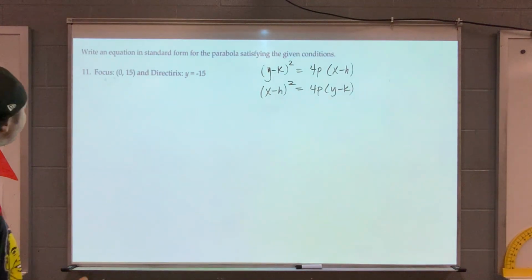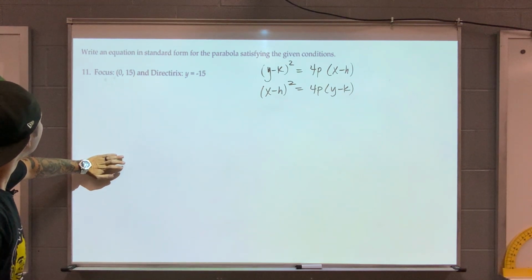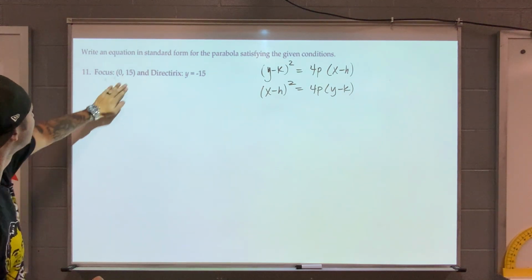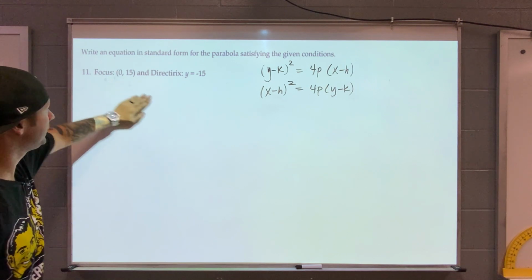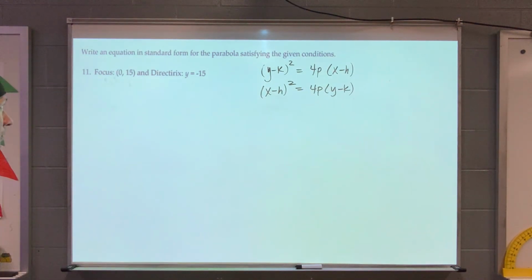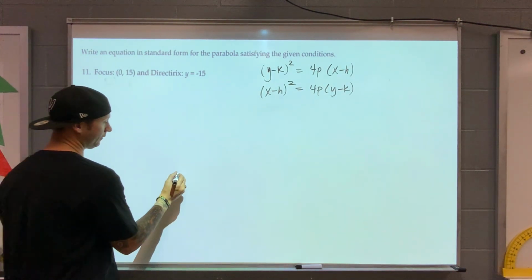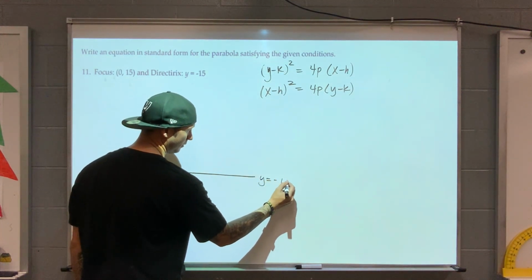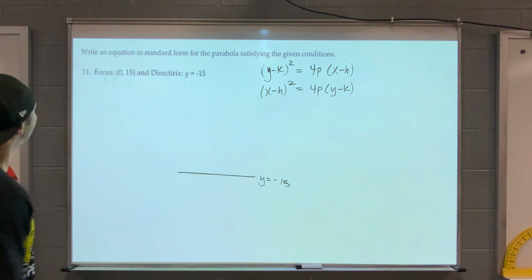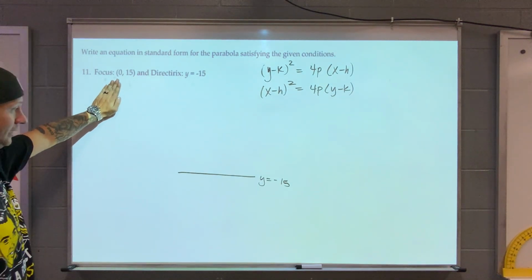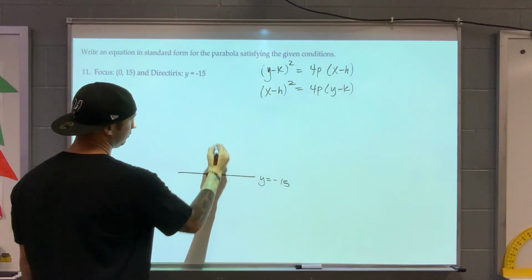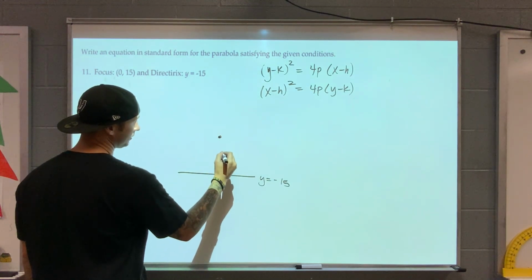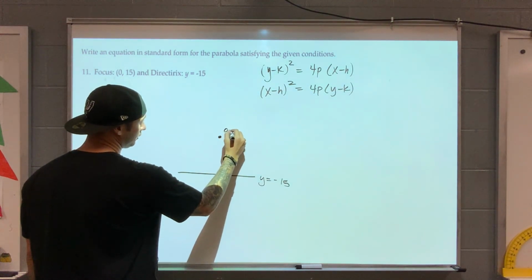Number 11. Okay. Focus is 0, 15. Directrix is y equals -15. So y equals -15 is a horizontal line. The focus is at 0, positive 15. So 0, positive 15. I'll just call it right here. So this is 0, 15.